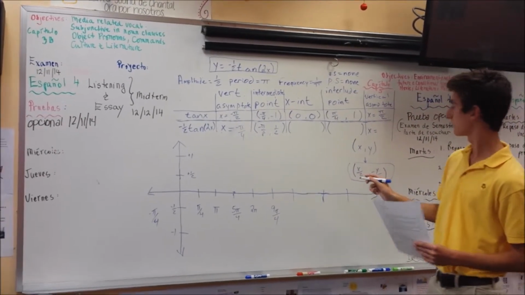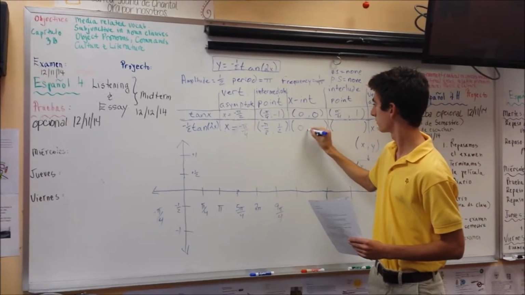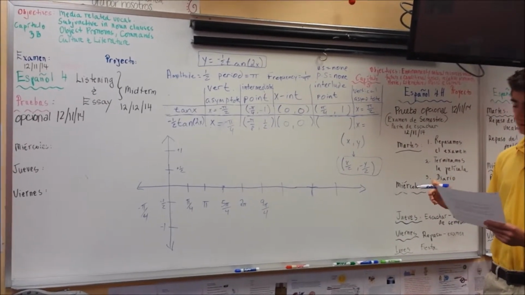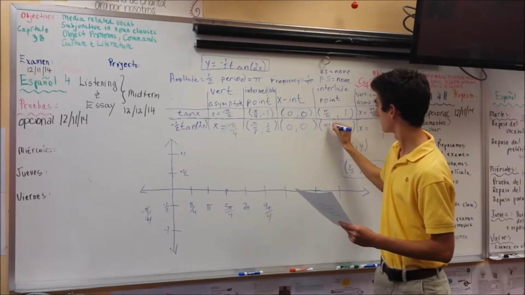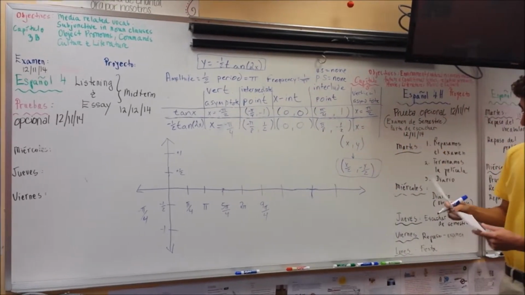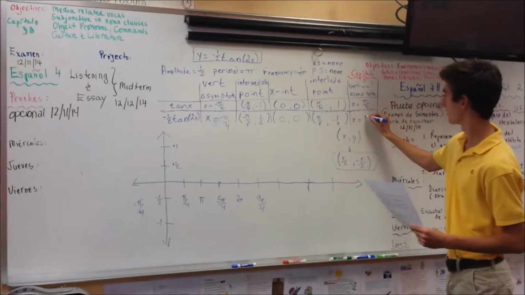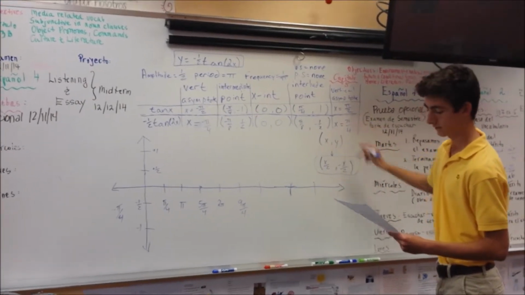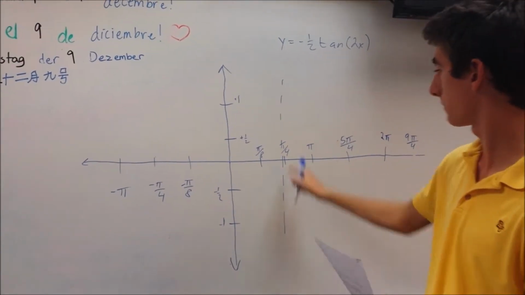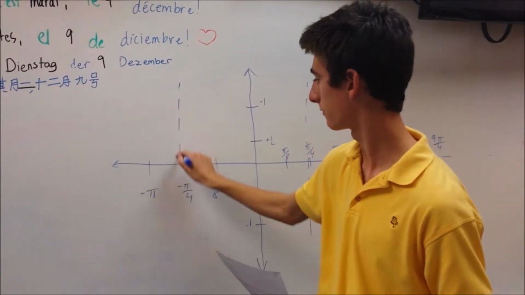For our x-intercept, we still have 0, 0 for our graph, and for the other intermediate point, we have pi over 8 and negative 1/2. And the next vertical asymptote is pi over 4. We have our asymptotes at pi over 4 and at negative pi over 4.